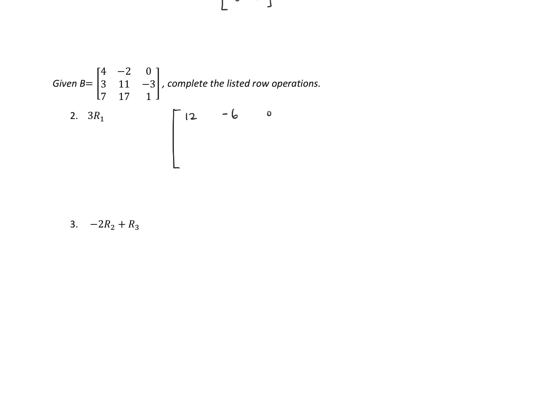And 0 times 3 is 0. So again, 3 is being multiplied by each element in row 1. We're not doing anything to the other rows. It doesn't give us any directions about the other rows. So we're going to leave those the same. And that's it.